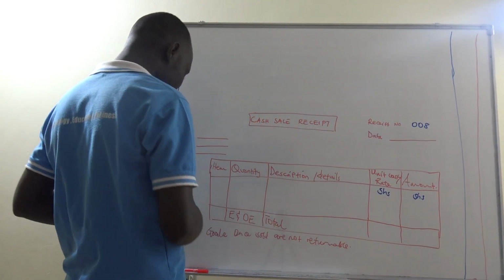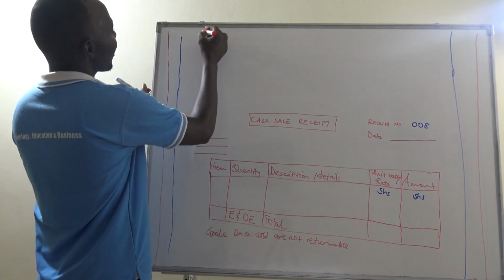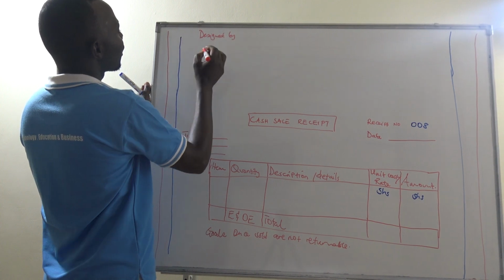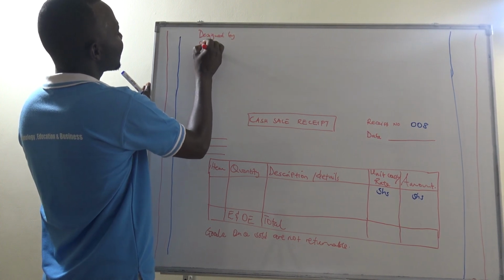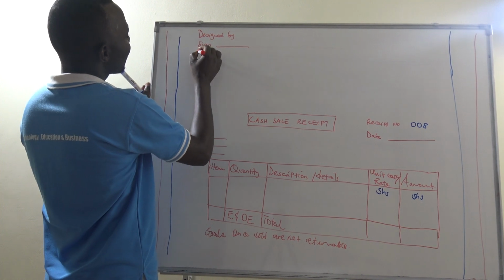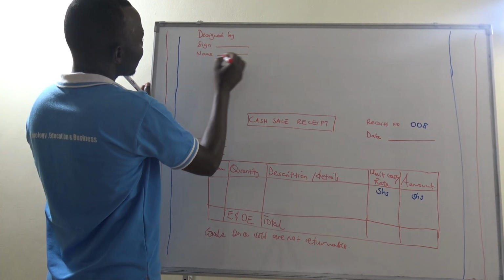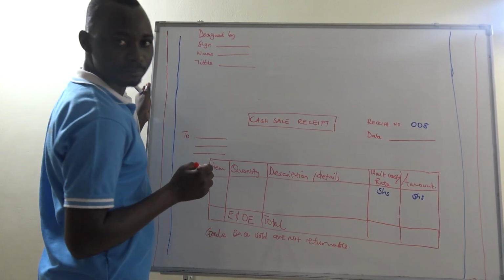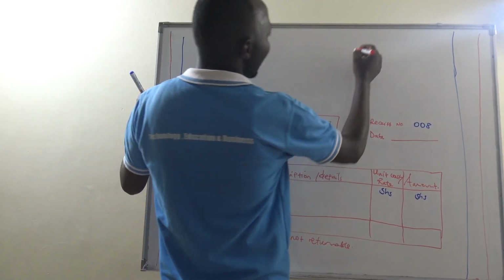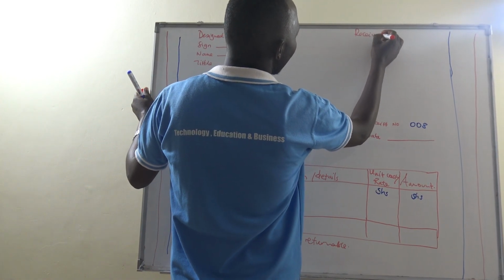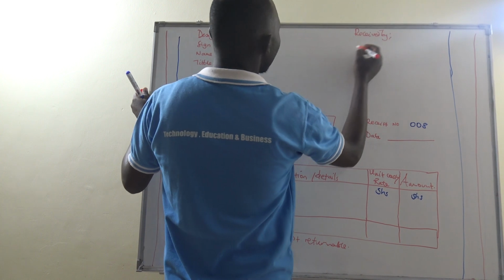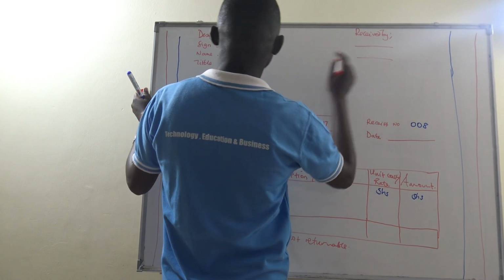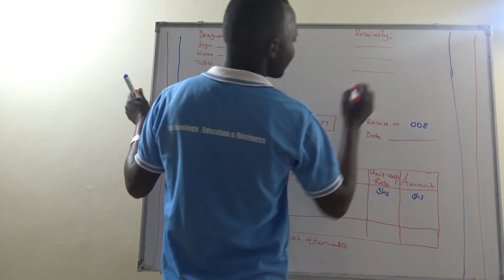We're going to have "designed by", then you have to have the word signature dash, name dash, and then title dash, then "received by". Because of this, for the signature you can only put a dash there, name dash, title dash.